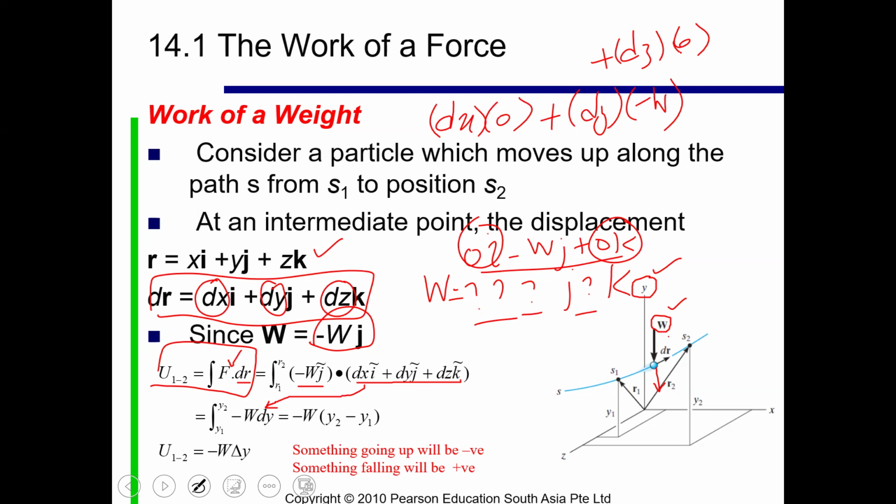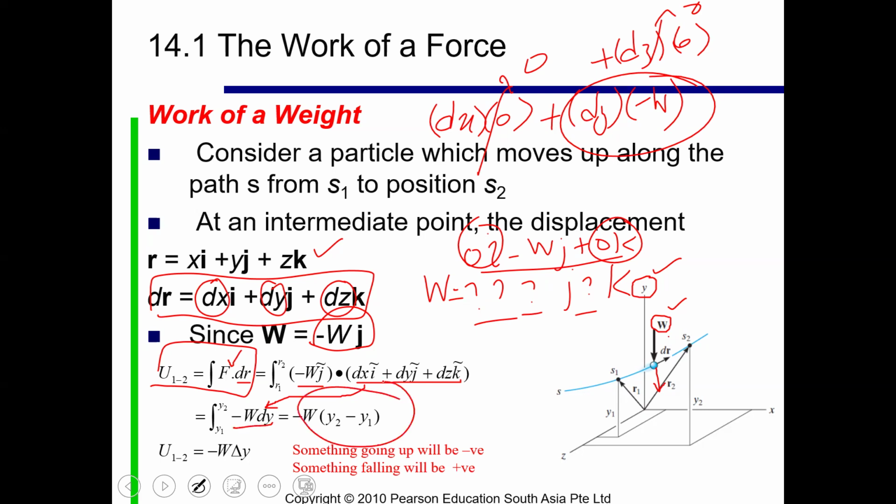But in this case, the weight vector has zeros there, so this will reduce to 0, this will reduce to 0, and only the middle term will stay. Out of 3, only 1 will stay, and 2 will be 0.